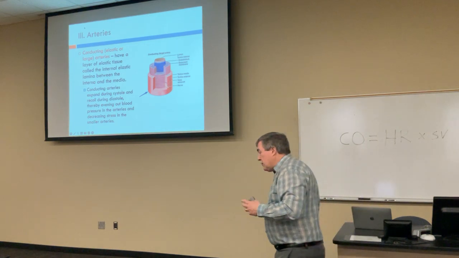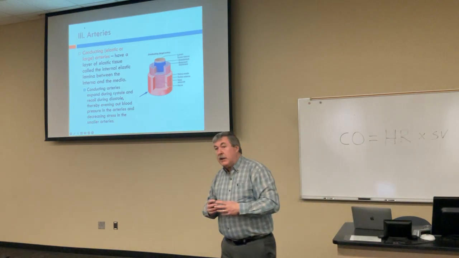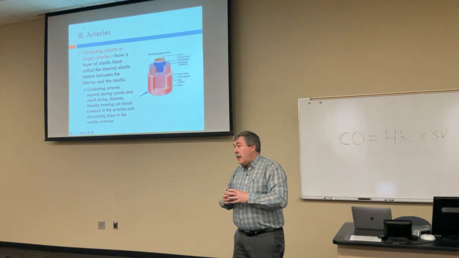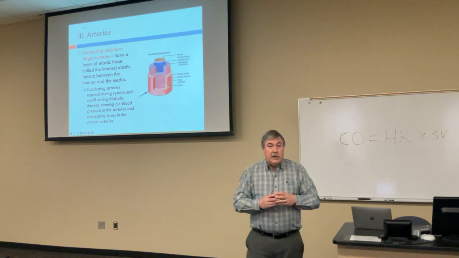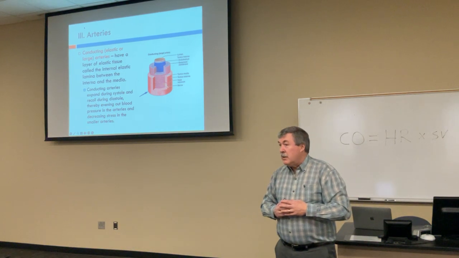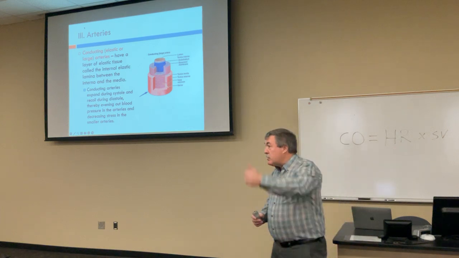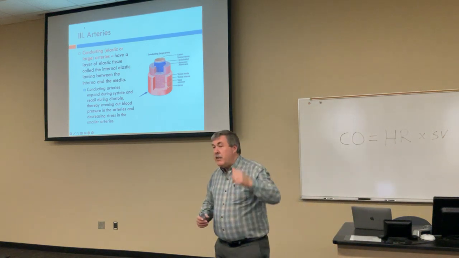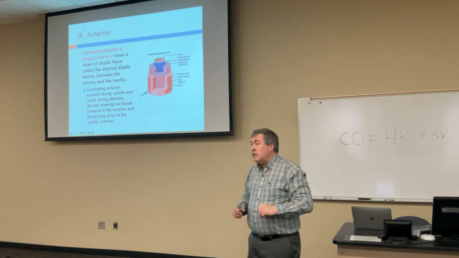If those large vessels, like the aorta, had solid walls that couldn't stretch, then you'd see much higher spikes in blood pressure. During systole, blood pressure would become very high, and then it would drop down during diastole.